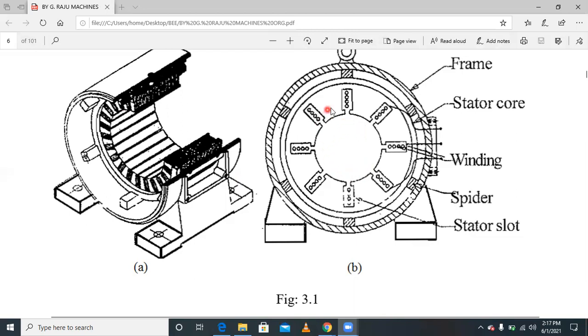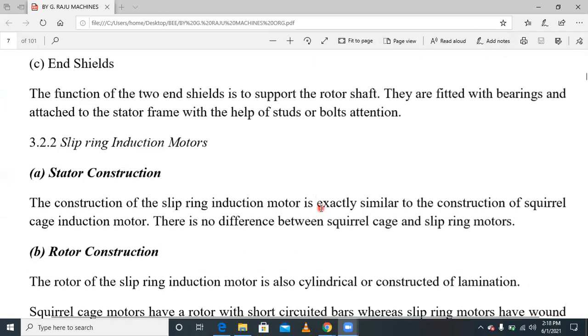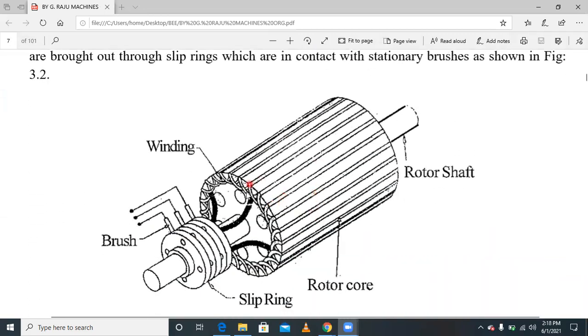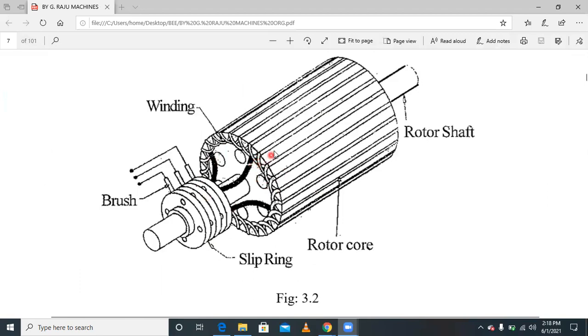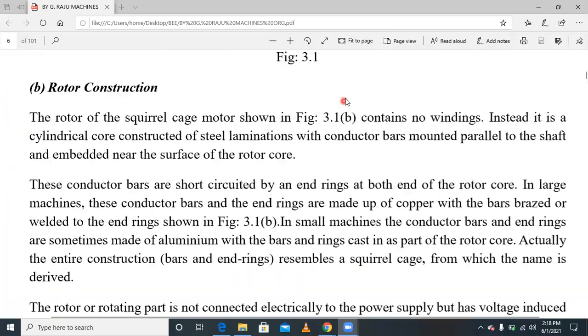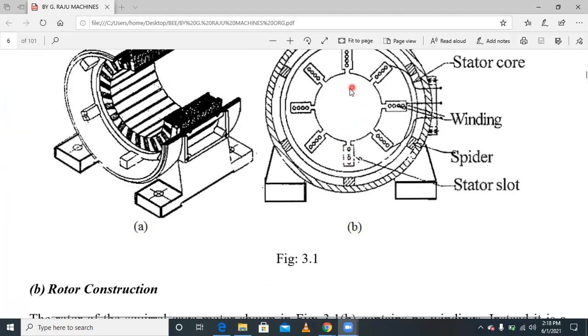There is a small gap between the stator core and the rotor. The rotor is inserted into the stator core like this, and the gap between the two is very small.